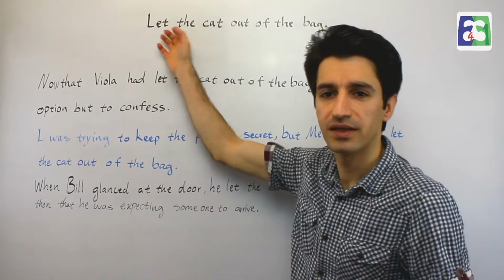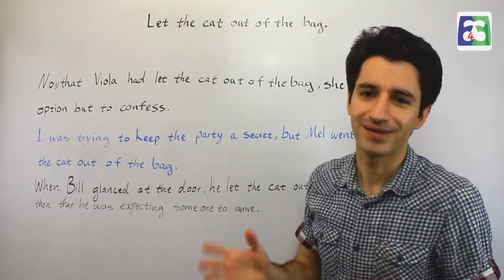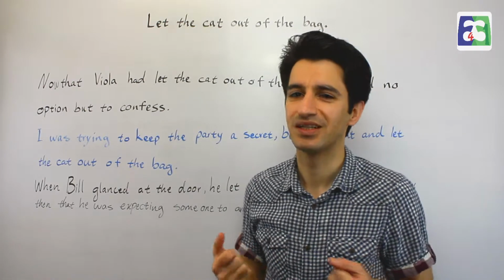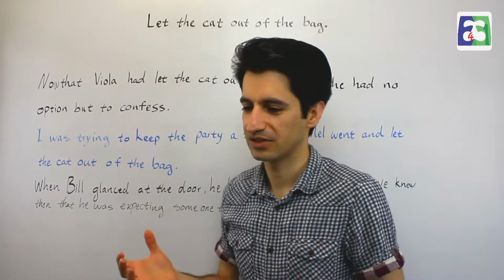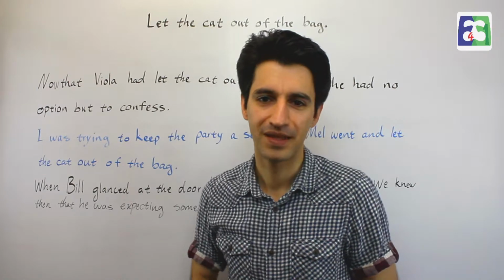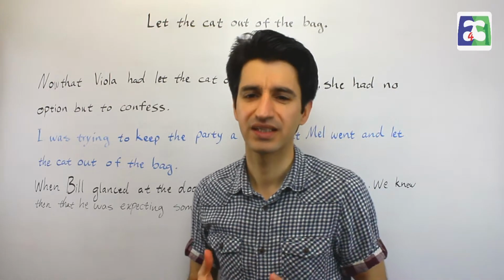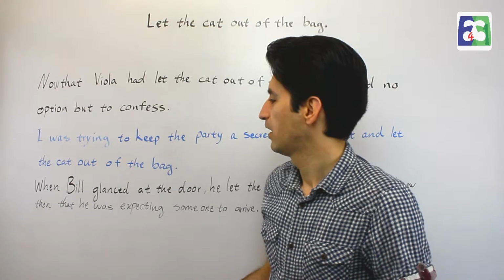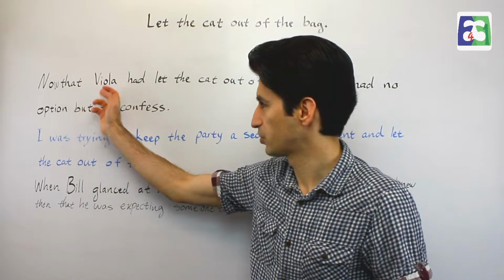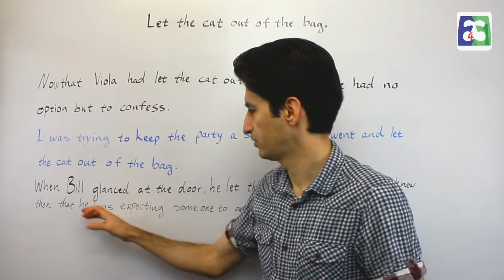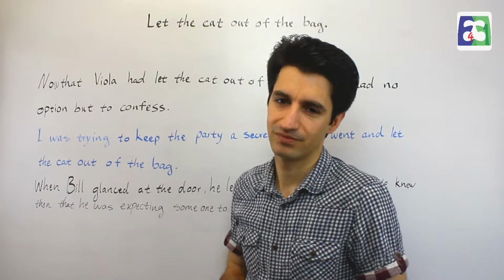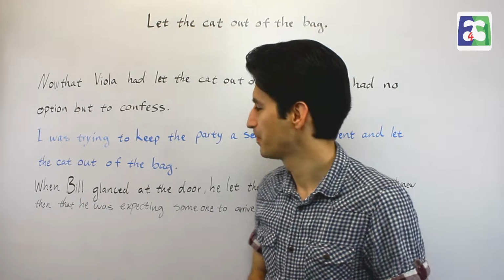All in all, let the cat out of the bag is to reveal the secret, to tell others something that is not known to them. Let them know, especially accidentally, either by talking to them or by doing something that lets others know.